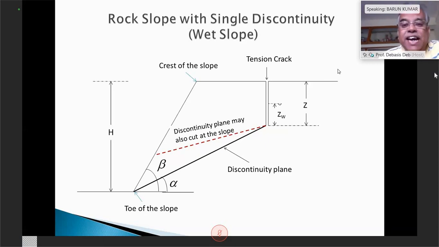See the tension crack. You think of a slope of height h, and you think of the material here. This material here, is it under compression or under tension?